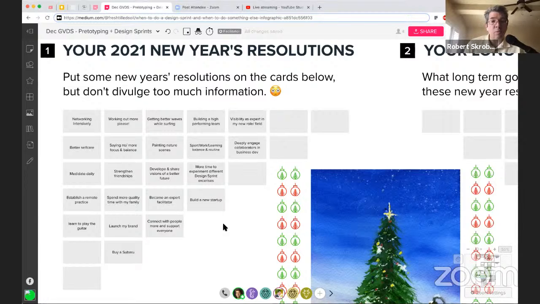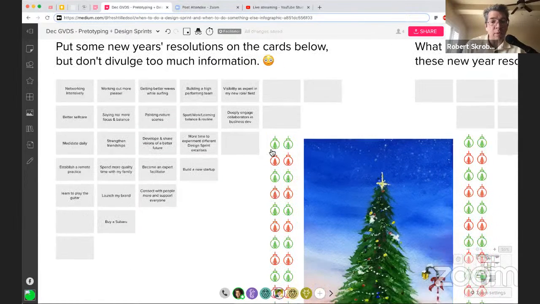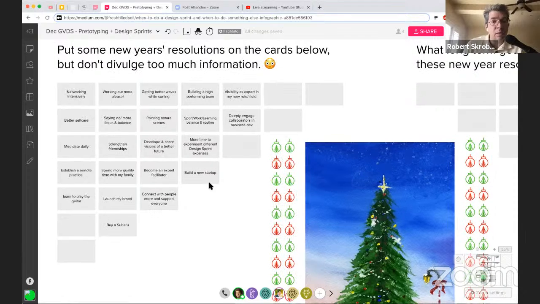Now, these Christmas bulbs have a purpose. If you know which cards are yours, what I'd like you to consider is taking a Christmas bulb. If I'm somebody that said networking intensively would be mine, but I see something else and go, you know what, I want to strengthen my friendships, go ahead and take a Christmas bulb and put it on the card, hanging it from the card as a way of saying, this is something I'd like to do in 2021 as well.